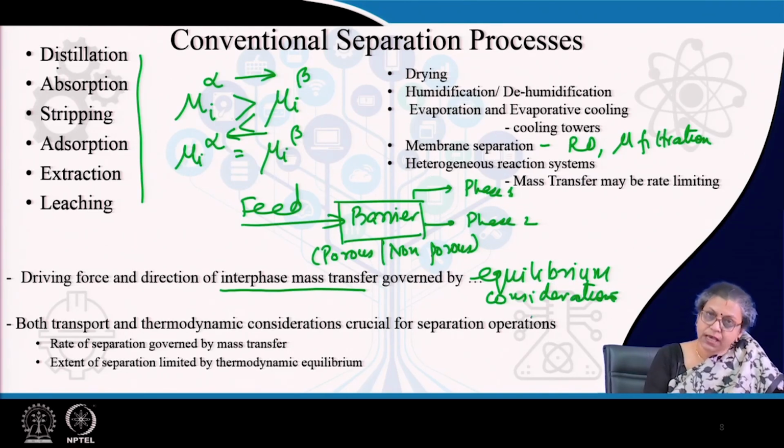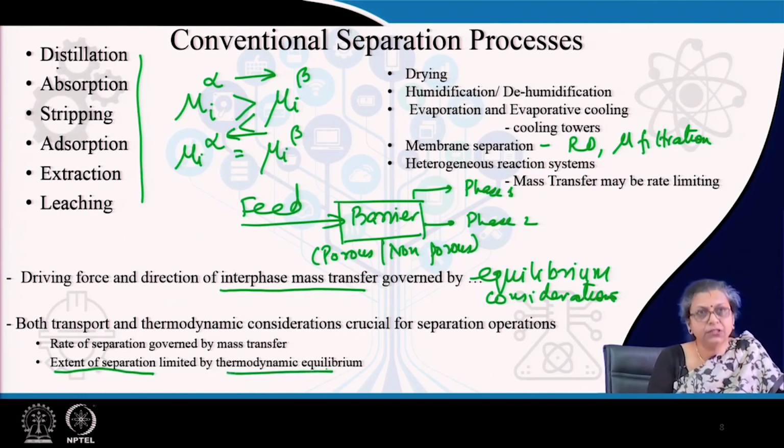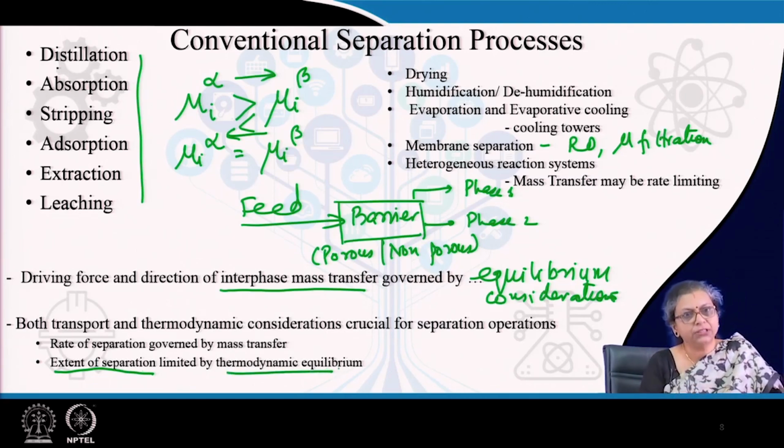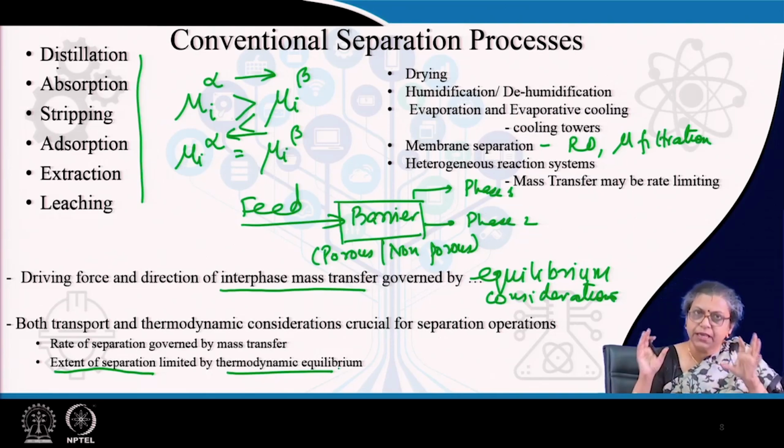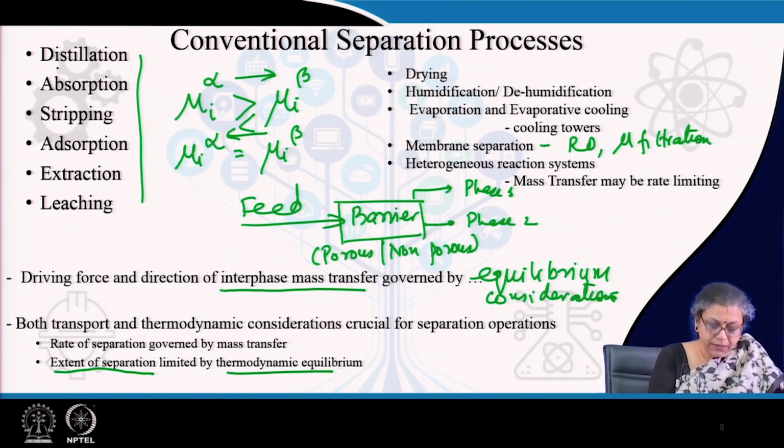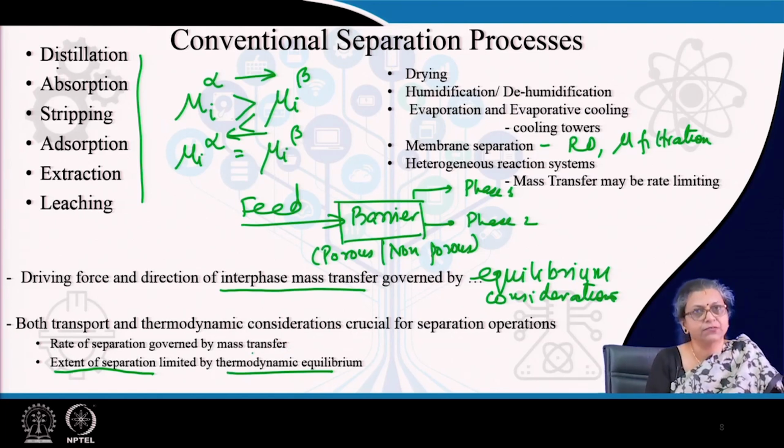For the design of such mass transfer processes, it is important to remember that the extent of separation that we would obtain is limited by thermodynamic considerations, that is, determined by the chemical potential of the component in the two phases between which the mass transfer is supposed to take place. On the other hand, the rate of separation is governed by mass transfer.